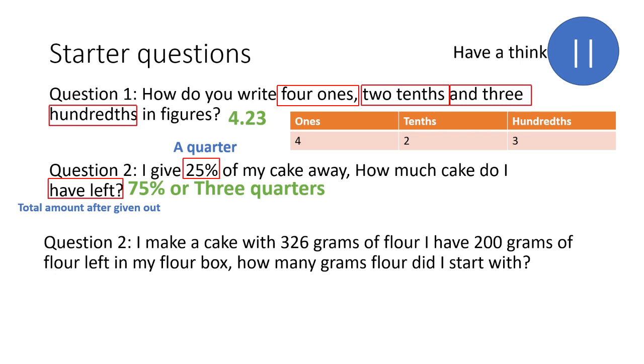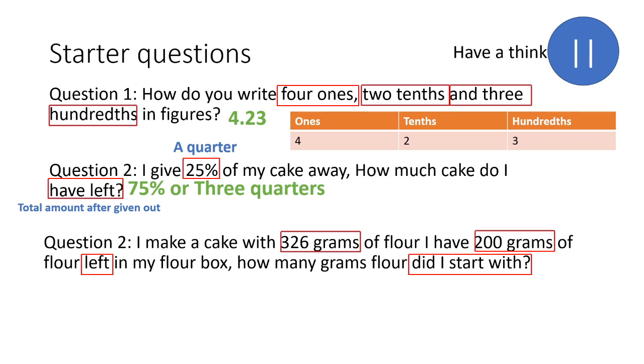And then finally, question 3. Hopefully you noticed that it was 326 grams and 200 grams and left. So 200 grams were left. But the question wants to know how much did we start with?